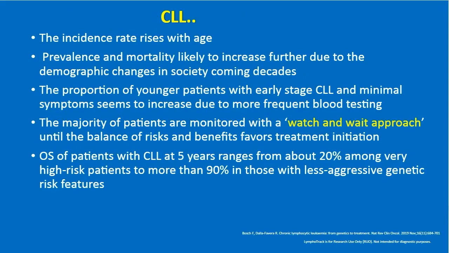As you've seen, the CLL incidence rate rises with age. And with more detection happening in the aging population, with changes in the demography, especially increasing longevity and other factors, we are going to see more and more CLL patients.